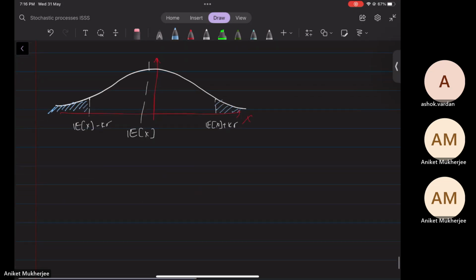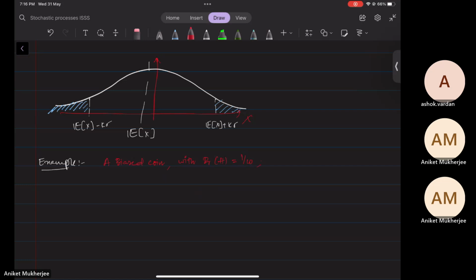Okay, so I'll give an example for the Markov inequality. You have a biased coin with probability of getting a head as 1 by 10.